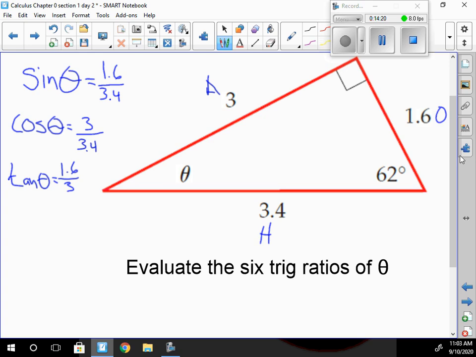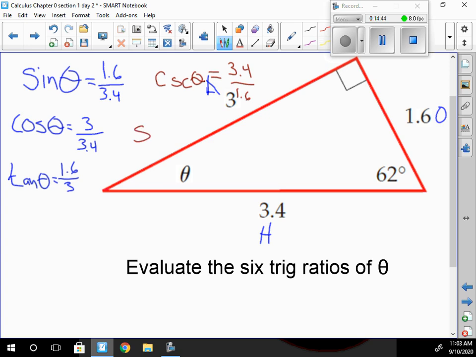Then I can switch them up. Cosecant theta equals 3.4 over 1.6, which, by the way, I should put the 1.6 over 3.4 in the calculator, because decimals and fractions, you don't really want to leave it like that. So we'll come up with a decimal answer for that.